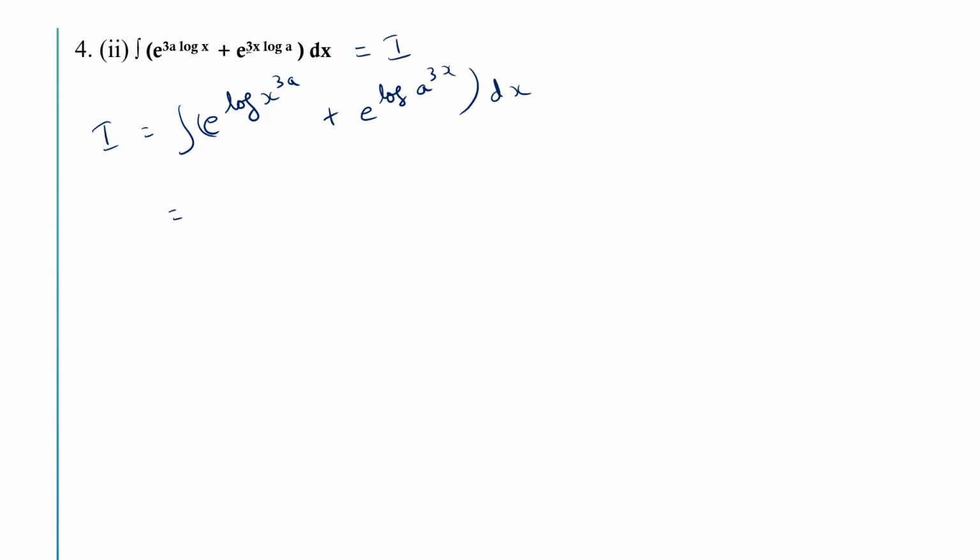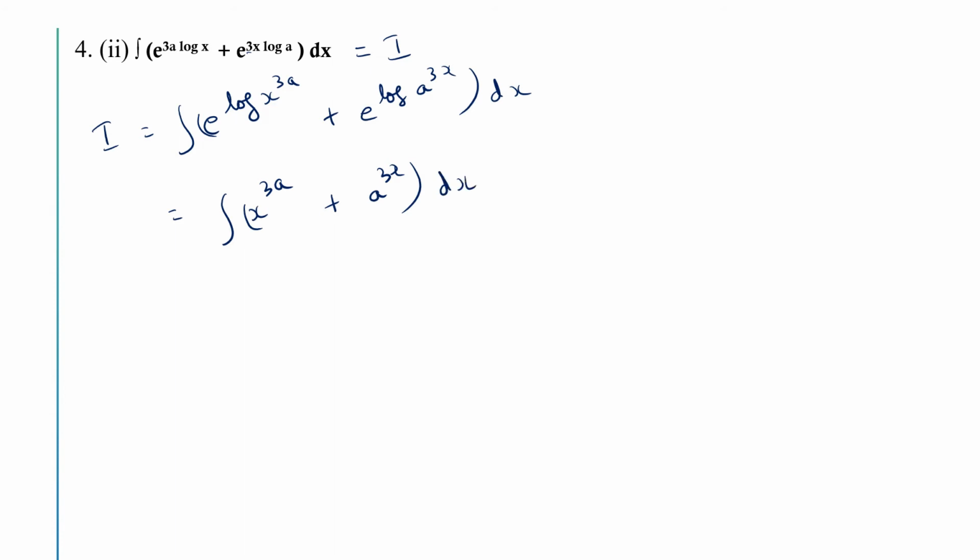So this is equal to e raised to log x raised to 3a is x raised to 3a, plus e raised to log a raised to 3x is a raised to 3x into dx.